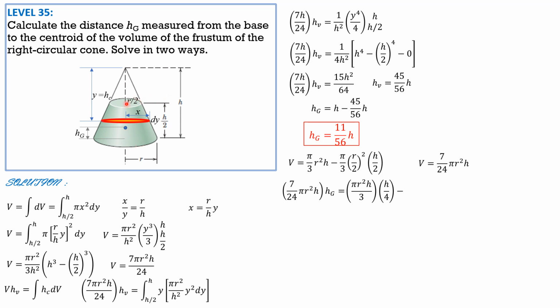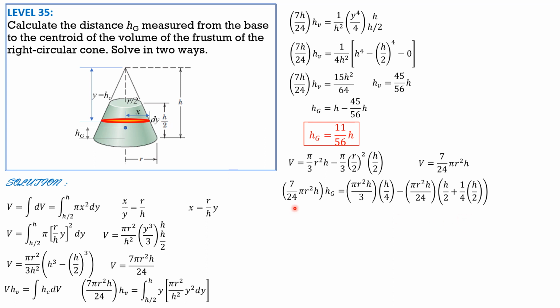So this is h over 2 to the center of the upper circle or base, then plus 1/4 of the height, and the height is h over 2. So minus pi r squared h over 24 times quantity h over 2 plus 1/4 of h over 2. I hope that you can visualize. That's the distance of the centroid of this upper imaginary cone from the base.